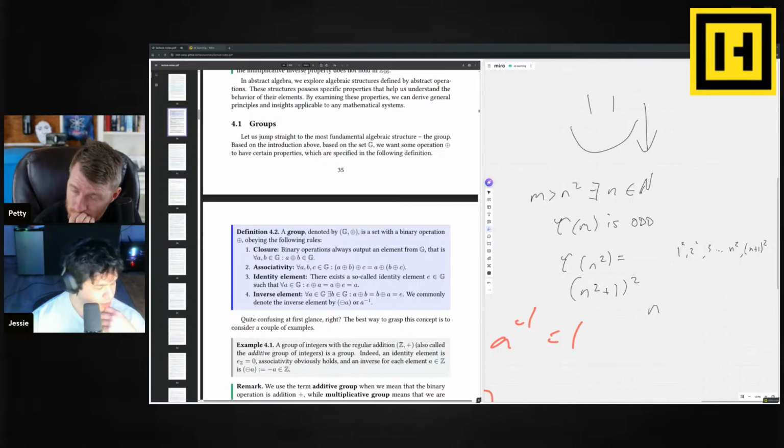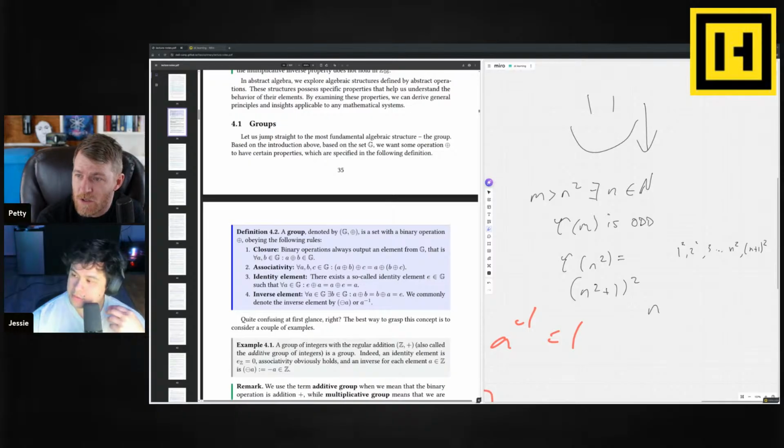We commonly denote the inverse element by, did I just say minus A? Why are they putting this in circles now? So I looked it up. The notation is typically read as G with the operation circled plus, the group G under circled plus, or G comma circled plus. You can use circled plus or circled minus or circled multiplication, and it comes from either circled plus or direct sum.